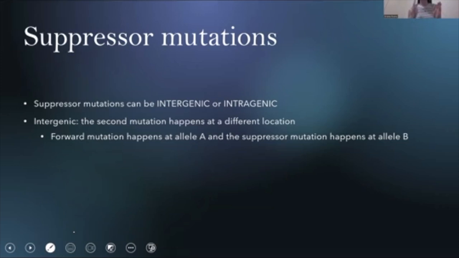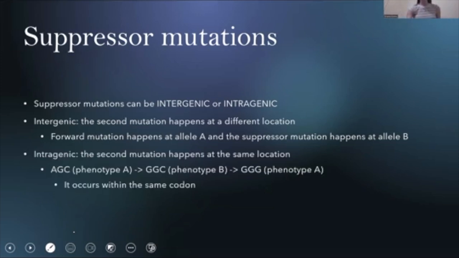For example, if the forward mutation happened at allele A, and then your suppressor mutation happens at allele B, 2 separate locations, we call that intergenic, 2 different genes. And intragenic happens at that same location within the same allele, at the same codon, in the same gene. And this is the example that was just on the previous slide, where we're looking in that same codon where we have the reverse and the suppressor mutation happening.